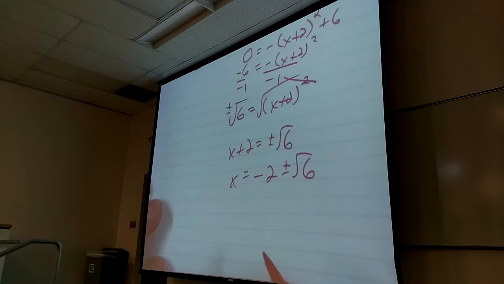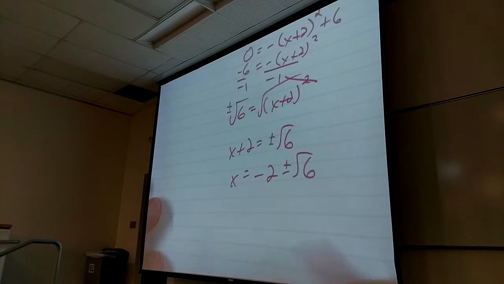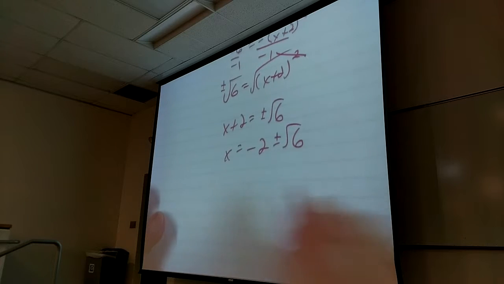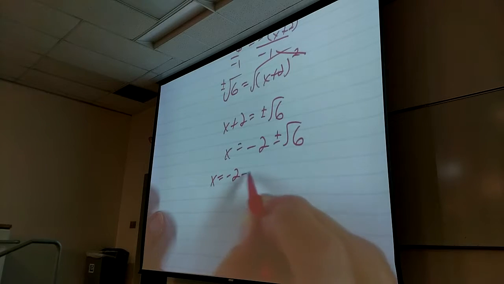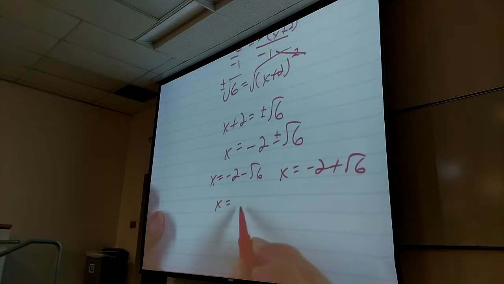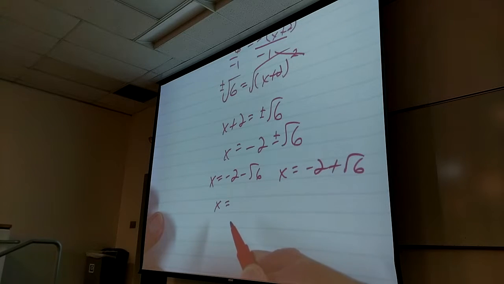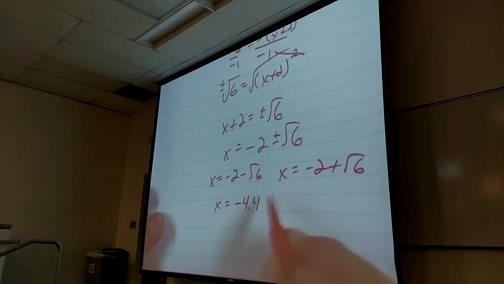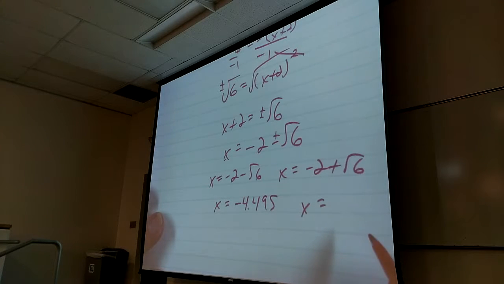One step further, you guys got a calculator? So what is -2 minus square root of 6 and -2 plus square root of 6? Give me some decimal approximations. -4.495, and this will be .495.